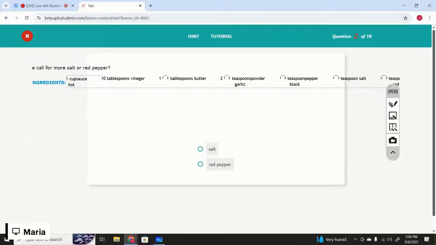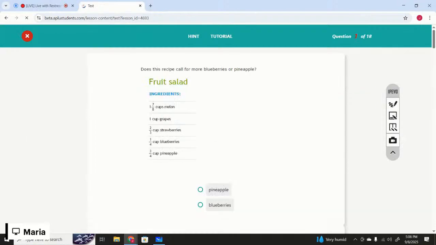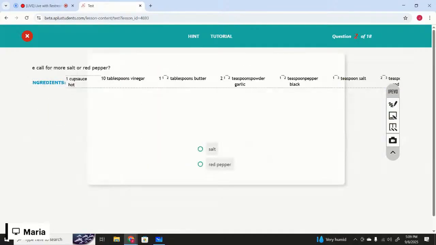Does this recipe call for more salt or red pepper? Again, the same question as before: more pineapple than blueberries.